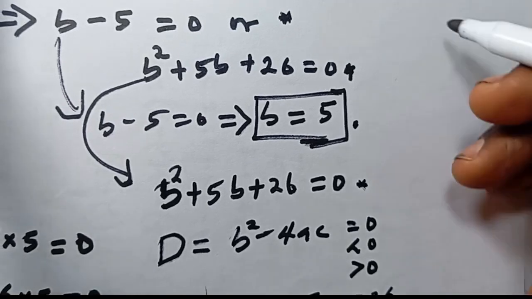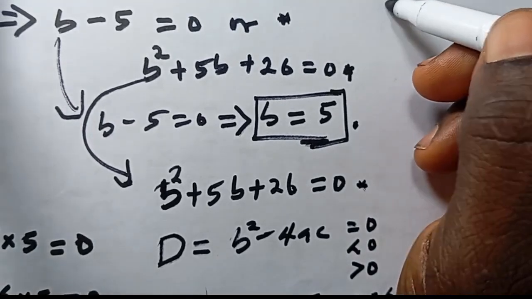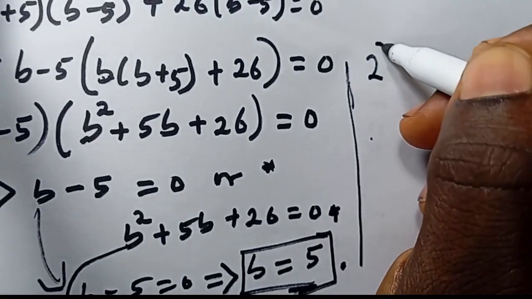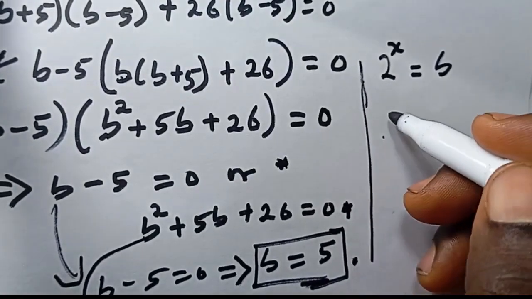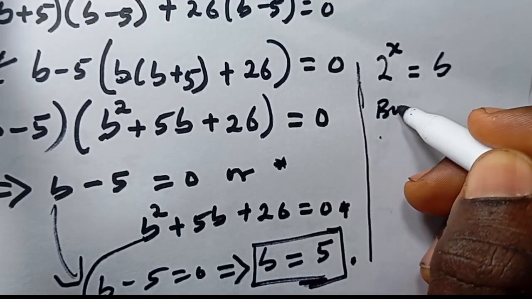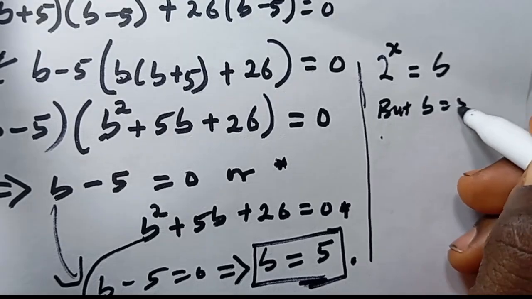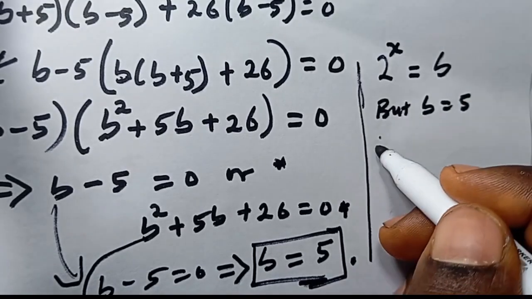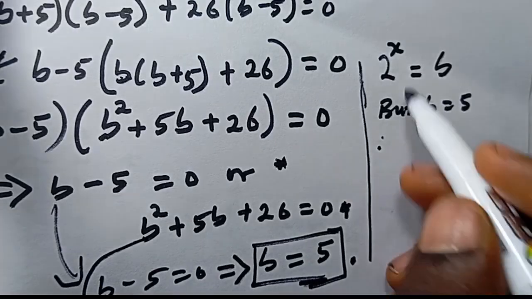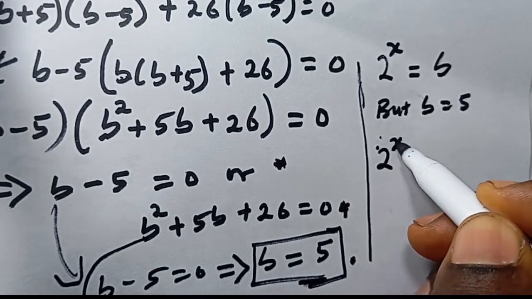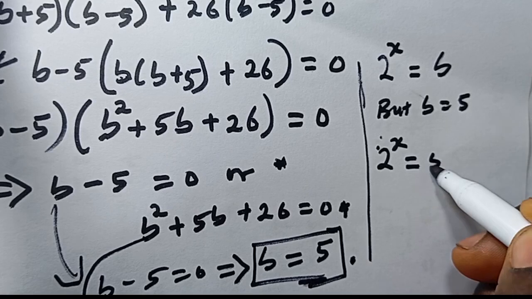But don't forget that we actually set 2 power x to be equal to b. So now we've gotten our b is equal to 5. So we can just go ahead and replace it over here so that we can find the value of x. Okay, so 2 power x is now equal to 5.